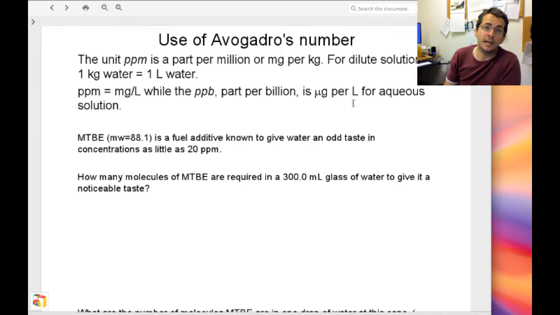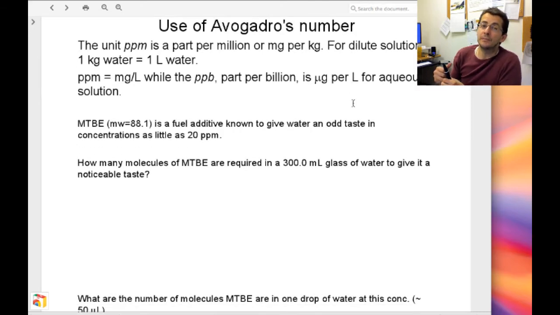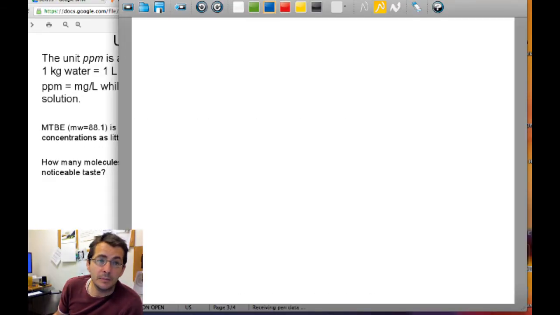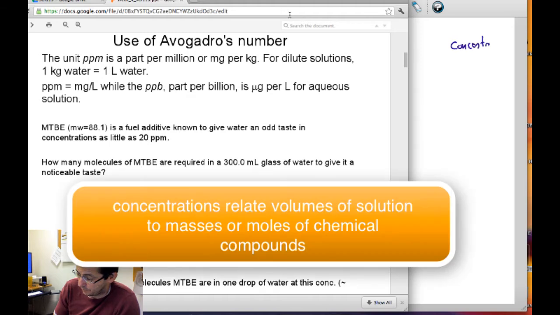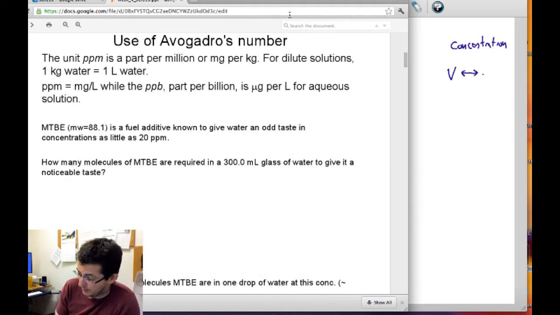Well, let's take another look at Avogadro's number. Using Avogadro's number, we'll introduce a new concept, and we'll talk about it more over the course of the next few lectures, and that is this idea of concentration, which is a value that relates a volume to a molecular quantity or an amount, such as grams or moles.